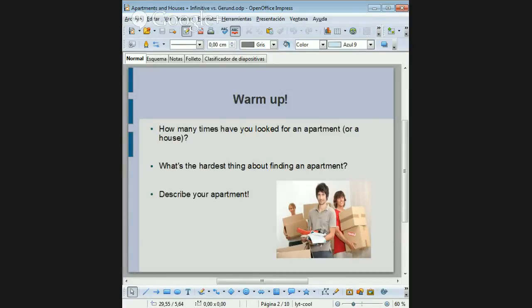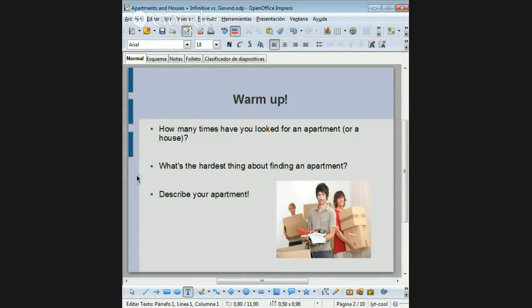Bunser, so you said the location is really important? Yes, I think it's important. Okay, good. And Wisla, what do you think is the hardest thing about finding an apartment? For me, the hardest thing about finding an apartment is the time.